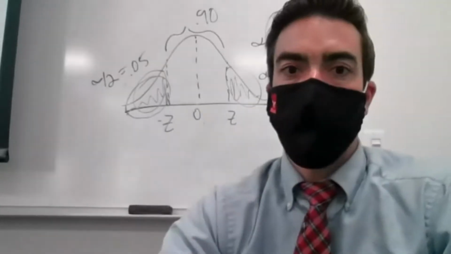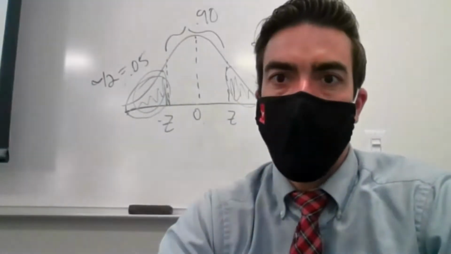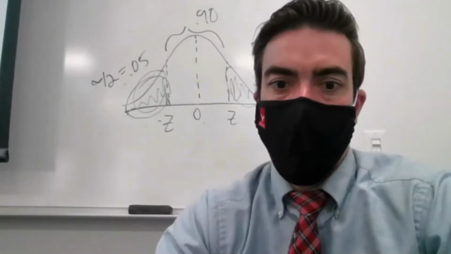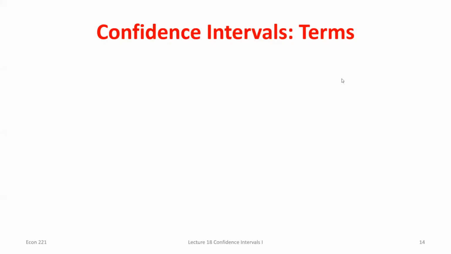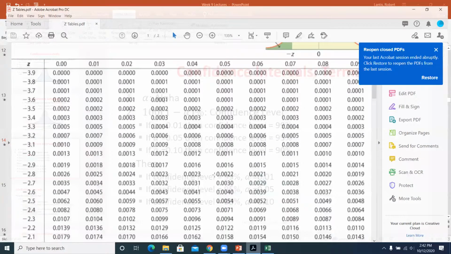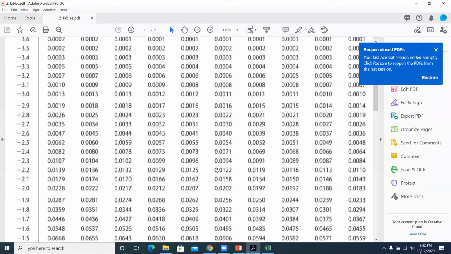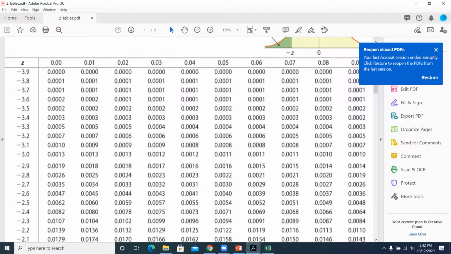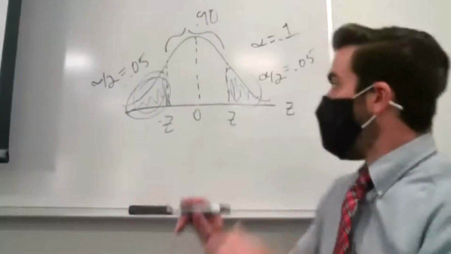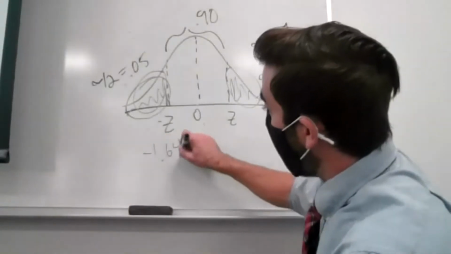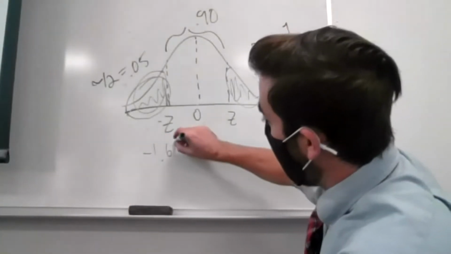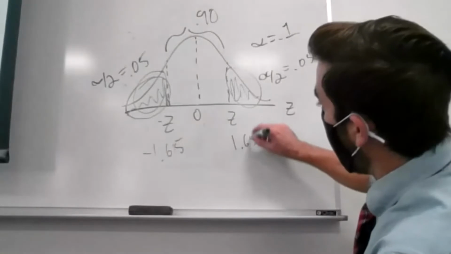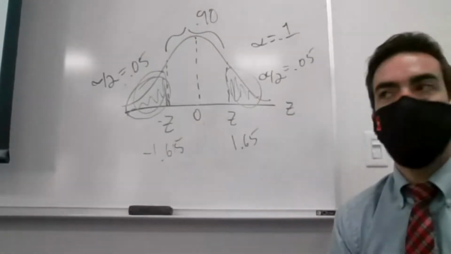So I want to find 0.05, so I start looking. It's in between these two values, negative 1.64 and negative 1.65. I'll take the higher of those two, negative 1.65 below, and then positive 1.65 above, right?